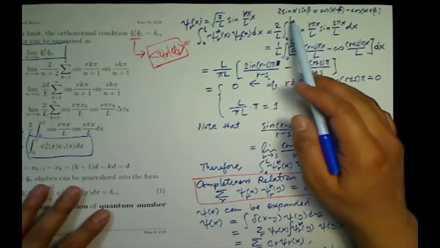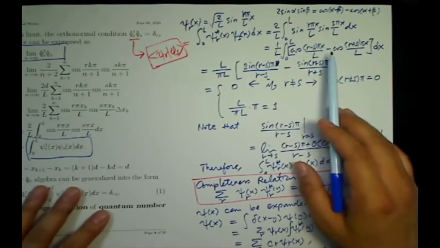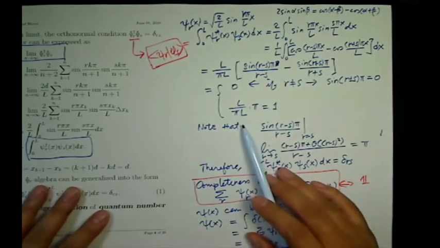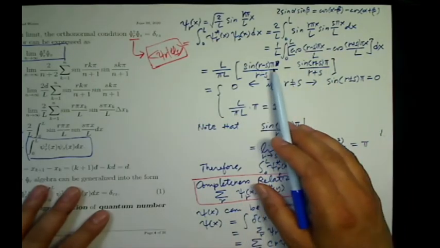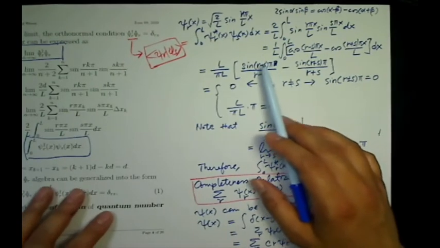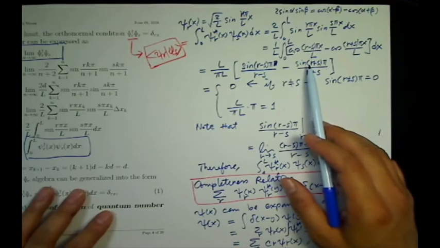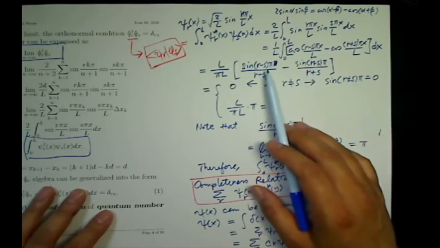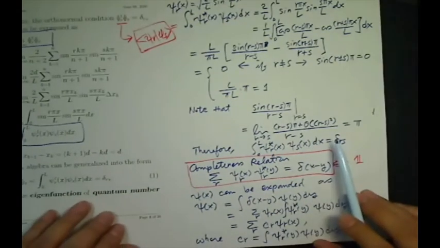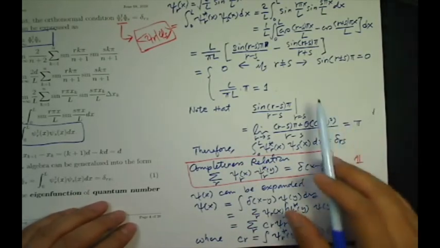So we can rewrite this product of sines as a difference of cosines, and the integral gives this. When r and s are different, this is a multiple of pi, so every sine must vanish. In case r equals s, we use L'Hopital's theorem to find this factor is pi.